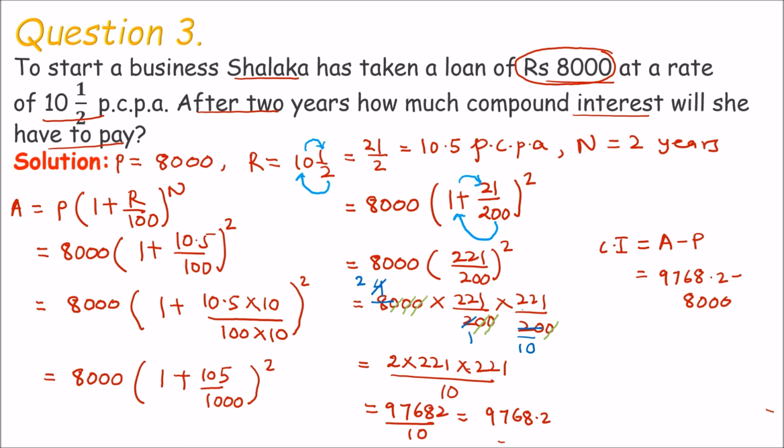Okay, so if we subtract 8,000 from 9,768.2, you will get 1,768.2. That is the compound interest which Salaka has to pay for taking the loan of 8,000.